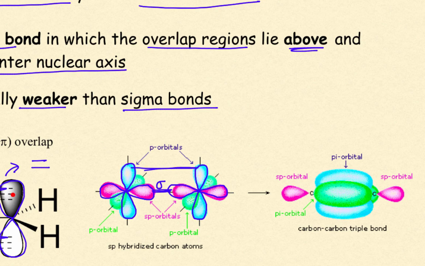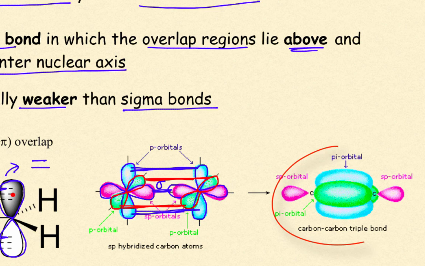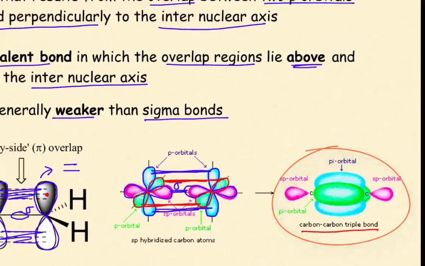Here's one pi bond right here. And the other pi bond would involve these green p orbitals that we see here. So we see a green p orbital there, one here. So it's almost in the very back and in the front right here. This represents a triple bond. And if you blend them all together, you get this representation over here. And this would represent a carbon-to-carbon triple bond.